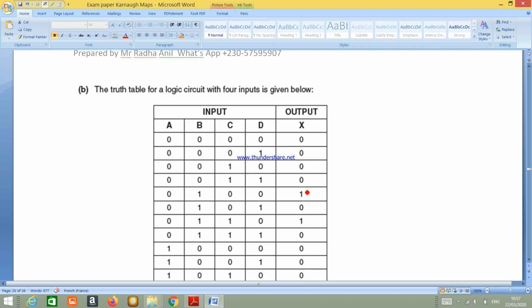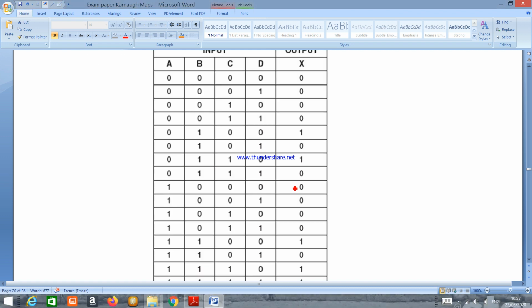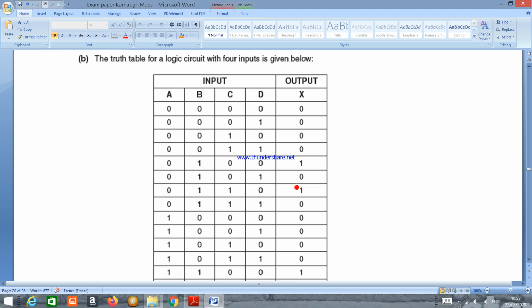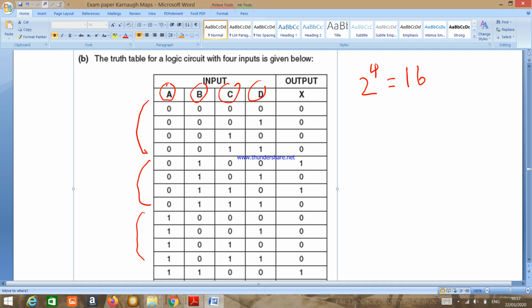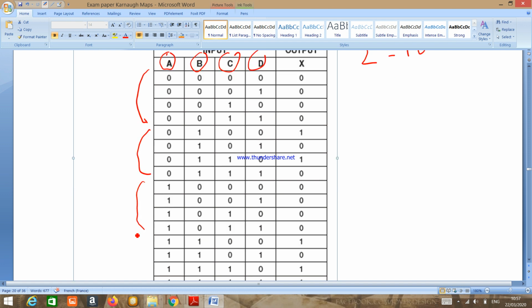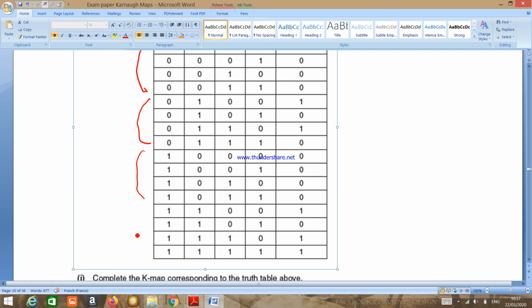Now let's try the next question, part B. If you look at this question now, we have 4 inputs. What are our 4 inputs? A, B, C and D. So 2 to the power of 4 gives you 16, so we have 16 outputs: 4 here, another 4, another 4, then the last 4.